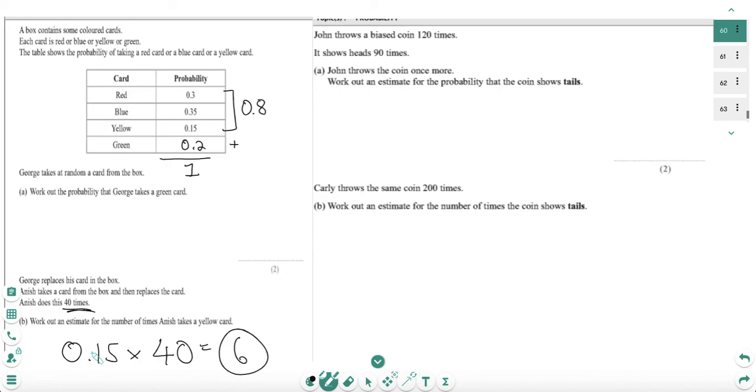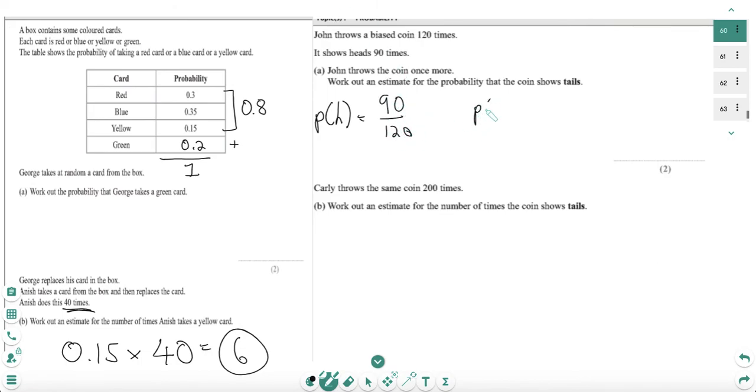All right, John throws a biased coin 120 times. It shows heads 90 times. John throws the coin once more. Work out an estimate for the probability that the coin shows tails. Well, we know John threw a coin 120 times and heads was 90. So we know the probability of getting a heads is basically 90 times out of 120.